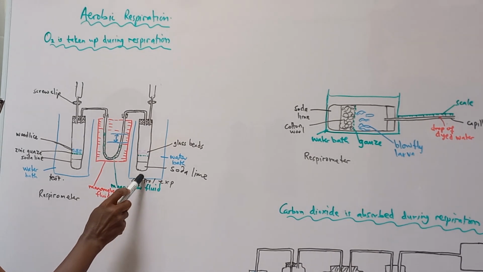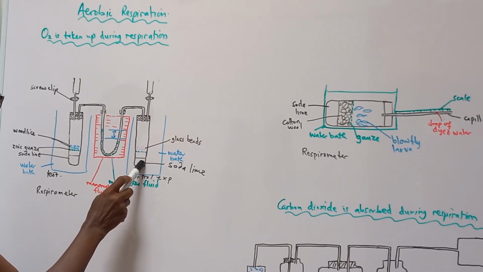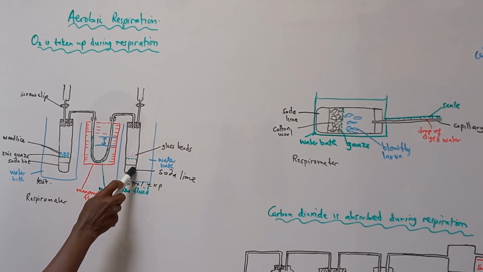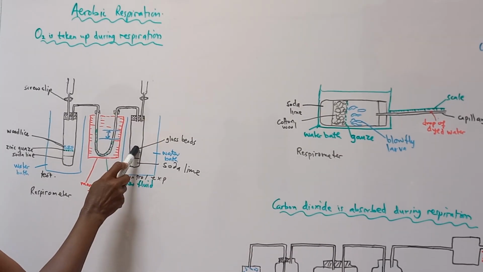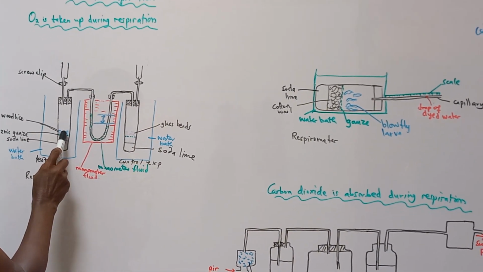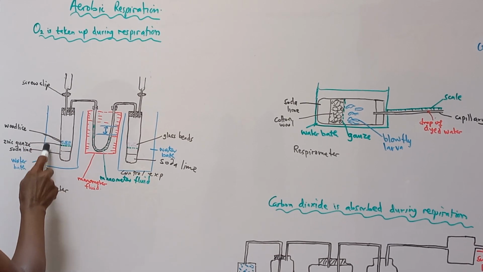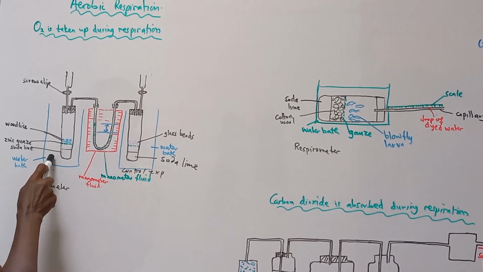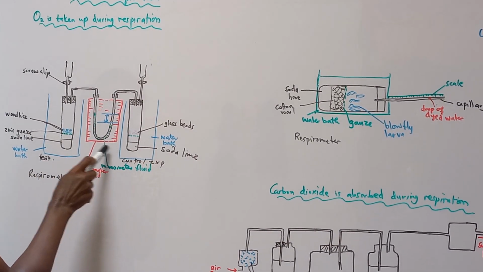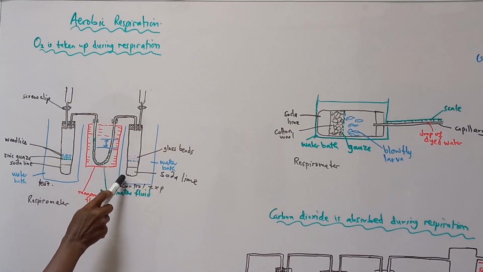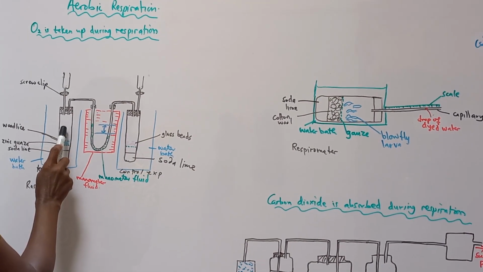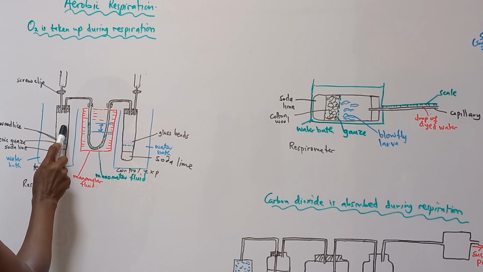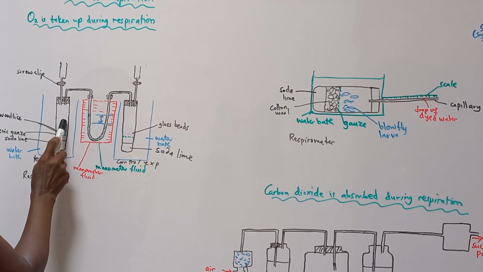This is the control experiment. It also has soda lime here to absorb carbon dioxide, and zinc. You have these glass beads instead of the wood lice. The test tubes are put in a controlled water bath so that the temperature can remain the same, because gas expands rapidly with temperature changes.